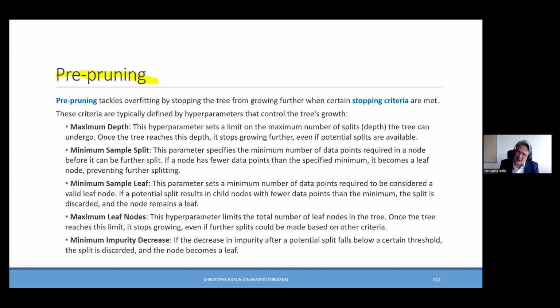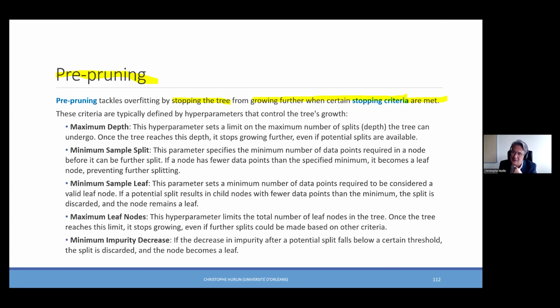So pre-pruning is related to what I mentioned as hyperparameters. Pre-pruning tackles overfitting by stopping the tree from growing further when certain stopping criteria are met. So I will put some stopping criteria on the form of the tree, and these stopping criteria are considered as the hyperparameters of the tree.